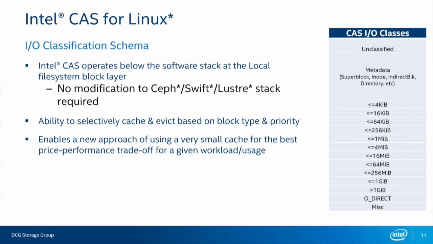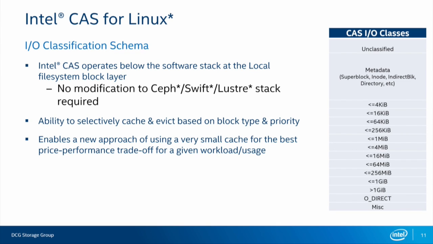So if you know your workload, you can say, hey, I really care most about metadata and 4 meg files, so I'm going to make those two my highest priority, make everything else a lower priority, or maybe even not cache anything else. Just cache metadata and 4 meg IOs.